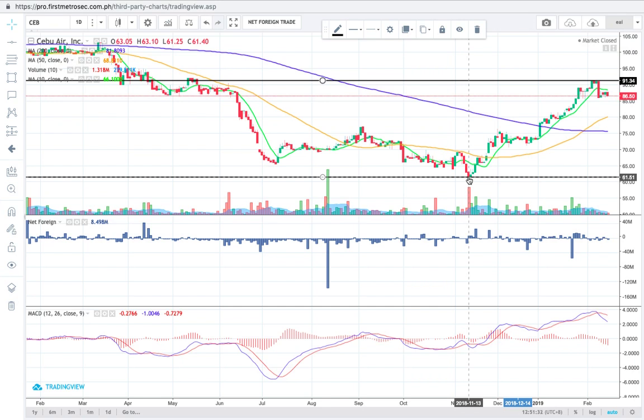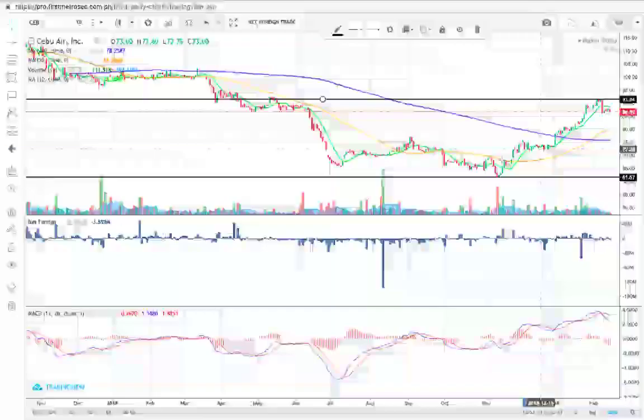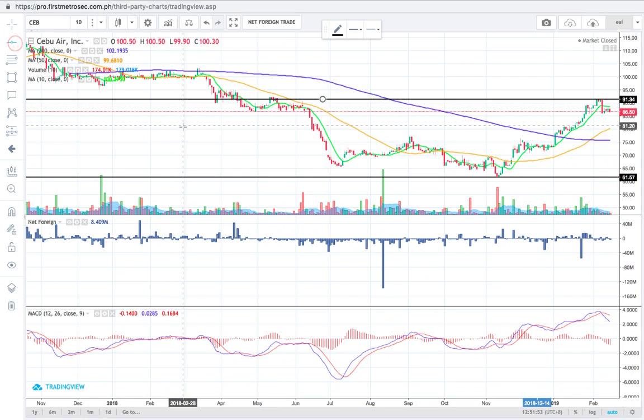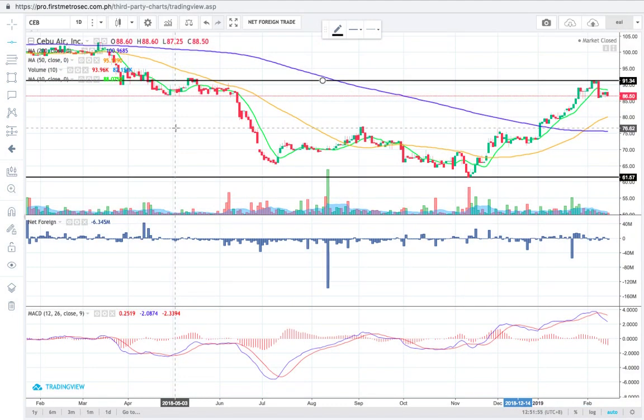Now it's going in the northward direction, and when it hit its resistance at 91.34, 91 pesos and 34 centavos, it bounced away because traders again thought that it was already too expensive not to be sold. Okay, there's also a midterm support here.